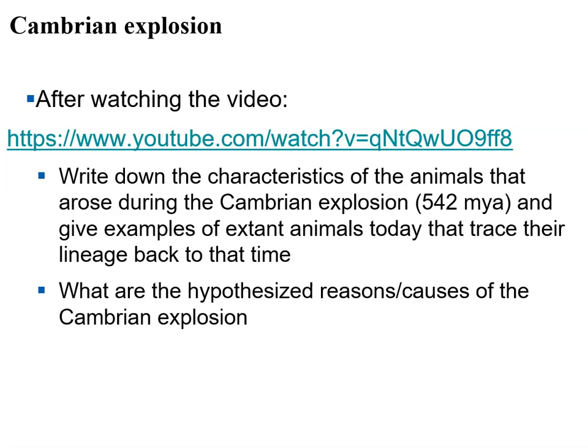Give examples of animals that exist today that we can trace their lineage back to that time. And also, what are the hypothesized reasons, causes of the Cambrian explosion? Now that video, if I recall, is about 10 minutes long. So then you'll be coming back and we'll start learning more about what that bilateral symmetry means and what traits these new animal forms have that weren't previous in the Cnidarians and the sponges.